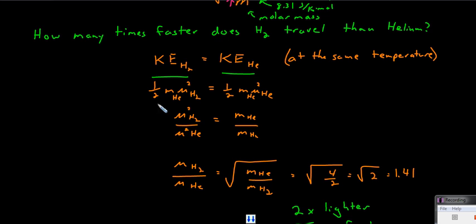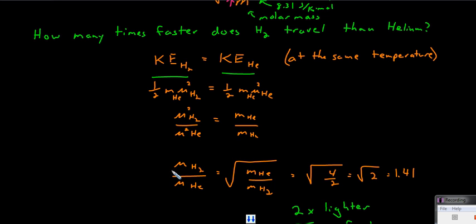Hence, substituting in for average kinetic energy half times the mass times the root mean square speed squared, we can rearrange and get the root mean square speed squared of hydrogen over the root mean square speed squared of helium is equal to the mass of the helium over the mass of the hydrogen. And taking the square root of both sides, you can get this equation.